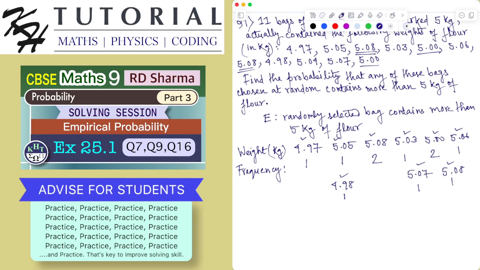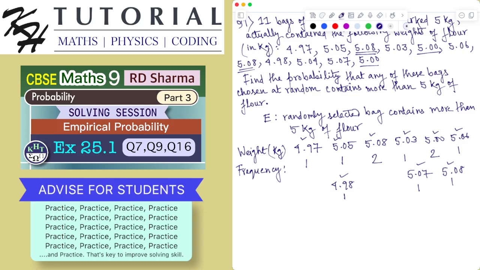So based on the given data, if you randomly select a bag, how many unique weights are there? 1, 2, 3, 4, 5, 6, 7, 8, 9.